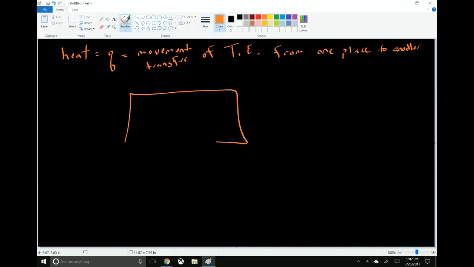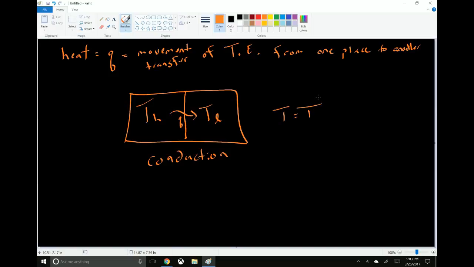Conduction is rather straightforward. The 2 objects are just in physical contact with one another. They're touching, and you'll get transfer from one to the other. One side of our system is at a high temperature. The other side is at a low temperature. And heat will move from high to low until the temperatures of the 2 halves are equal.